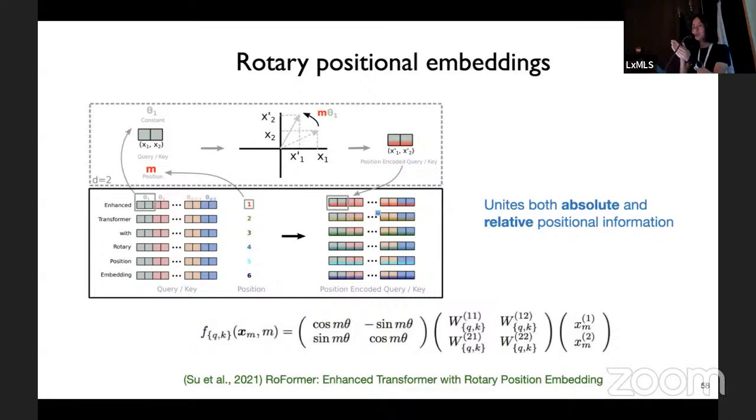If the position is at position m, they rotate this embedding by an angle of m theta. The good thing here is that it preserves the information of the absolute position, because it knows where this position comes from. But it also preserves the relative position information, because if two tokens are only two words apart, they always rotate with a similar angle.